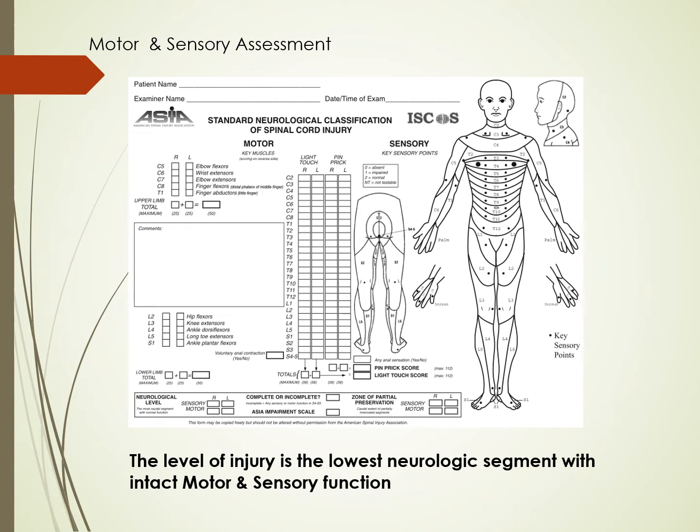And again, the level of injury is the lowest neurological segment with intact motor and sensory function. So in other words, if someone was a T10, everything from T10 and above would be functioning normally. They would be a paraplegia in that they wouldn't have hip, leg, or foot movement.